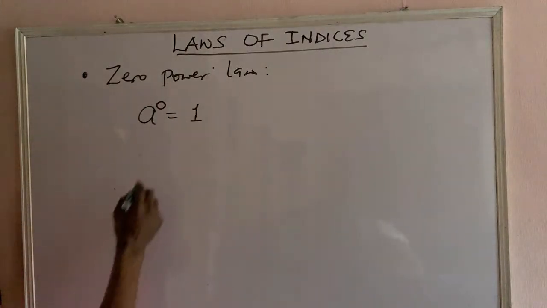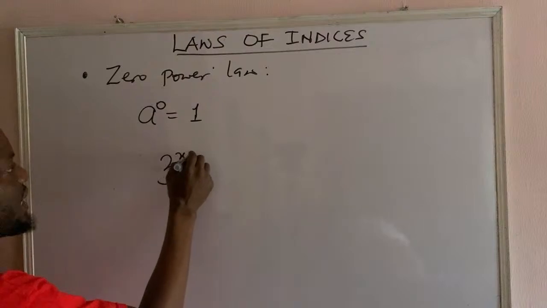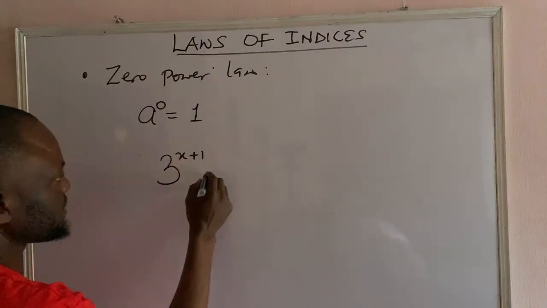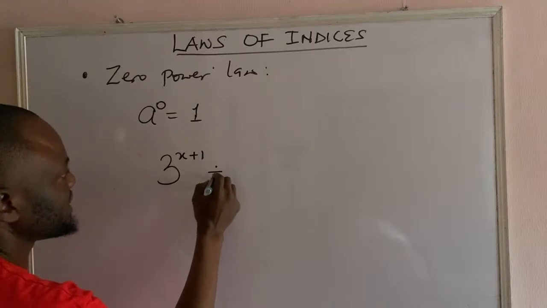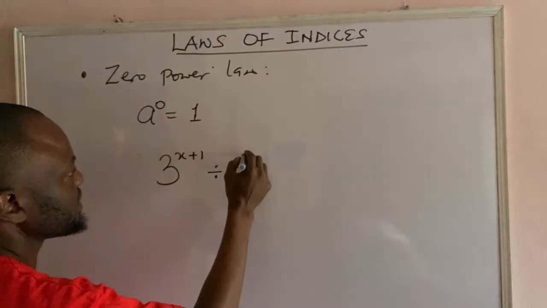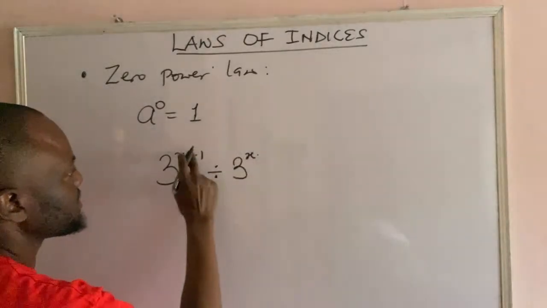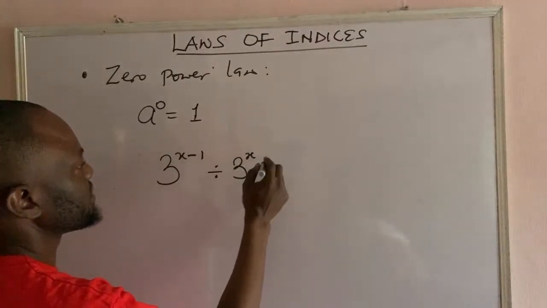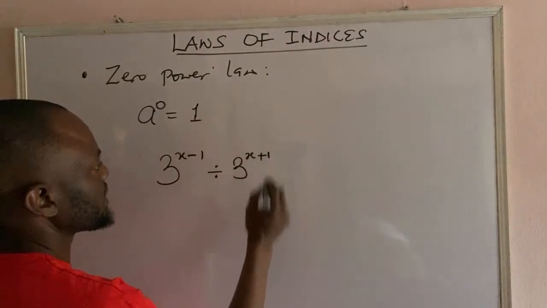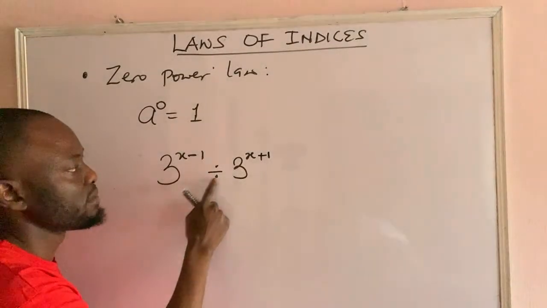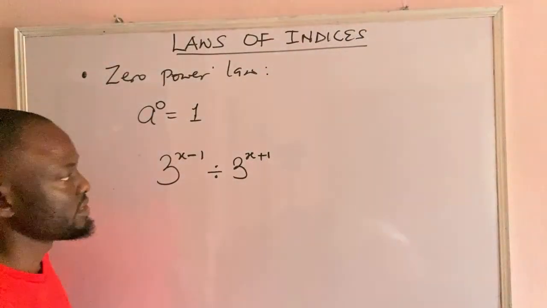So in a situation where I have 3 raised to the power x minus 1 divided by 3 raised to the power x plus 1.